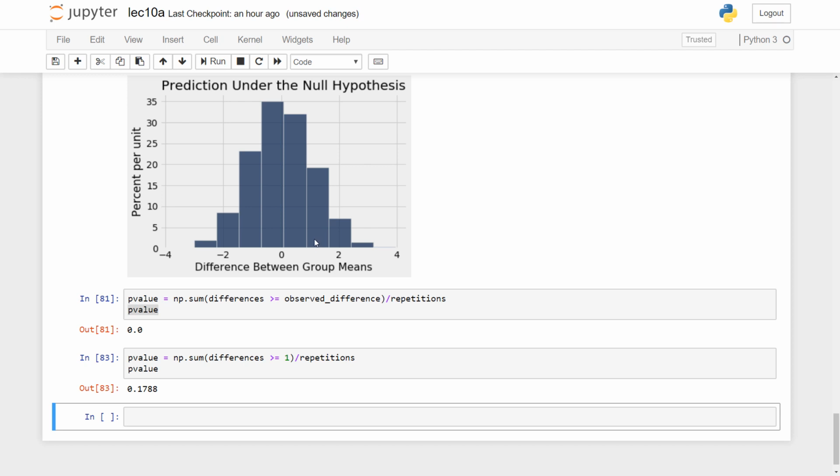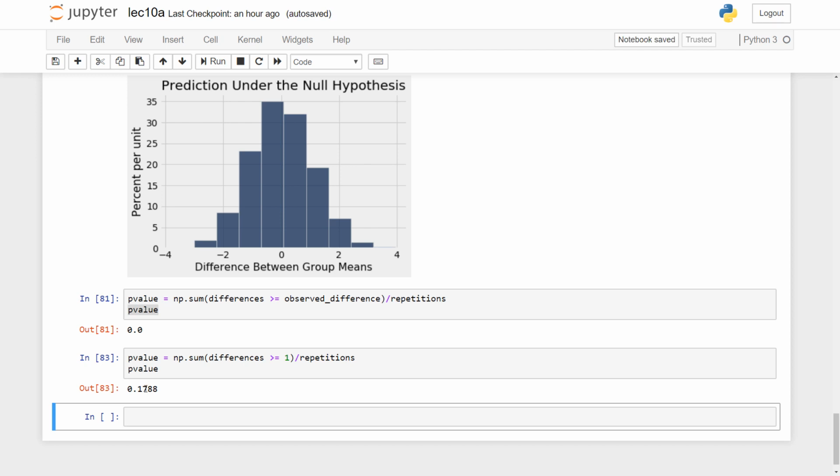If that's the case, what should we do? Should we accept the null hypothesis or reject? Again, it depends on our significance level. If we are using a 5% significance level, 5% means 0.05, so this value is not less than 0.05.